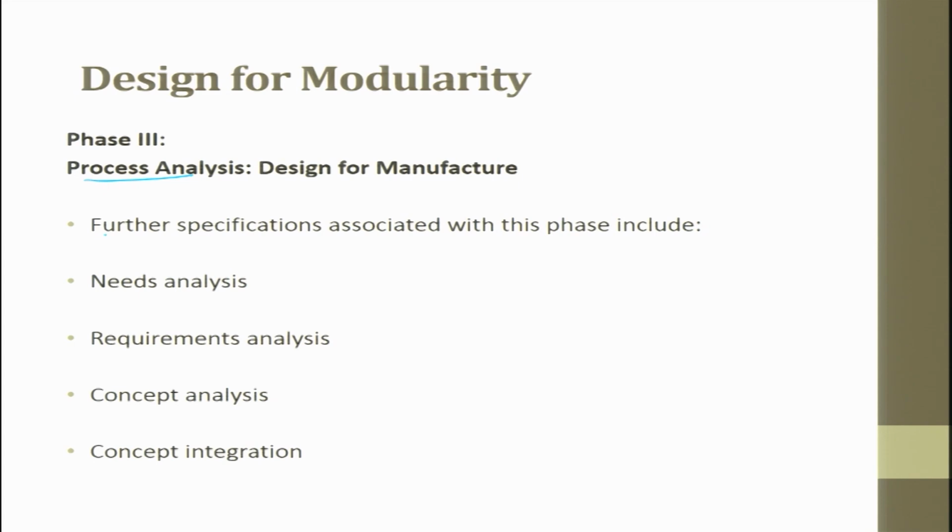The specification associated with the phase includes need analysis, which is going to be the customer, then requirement analysis, concept analysis and concept integration. So, these 4 things are part of phase 3.